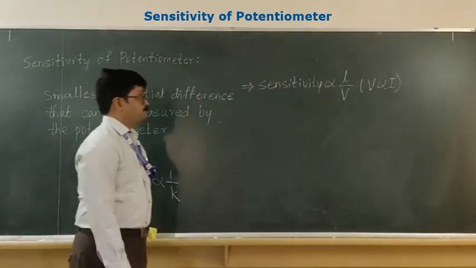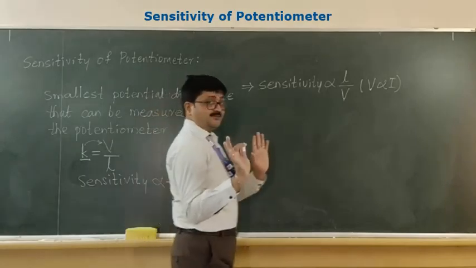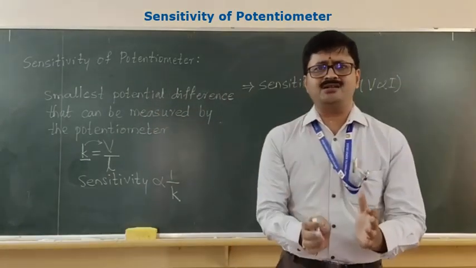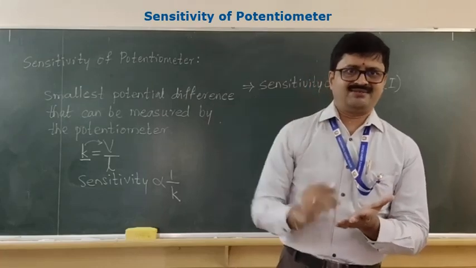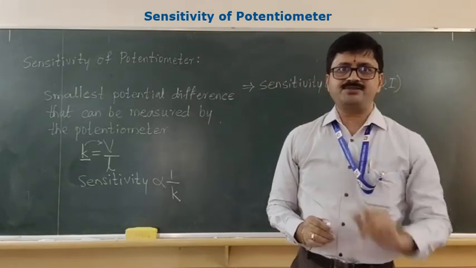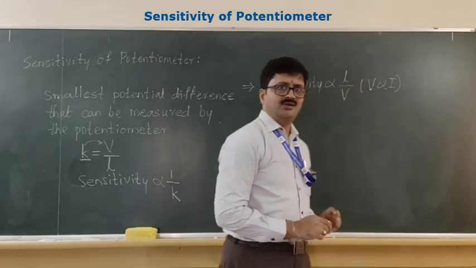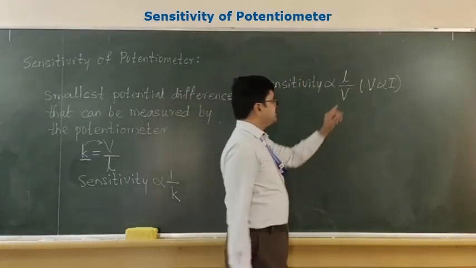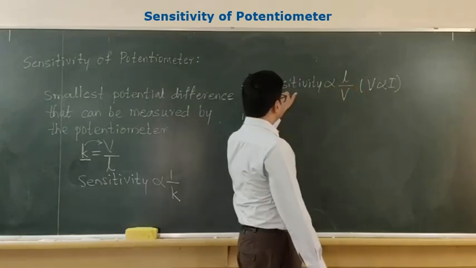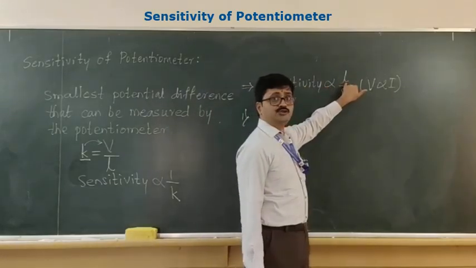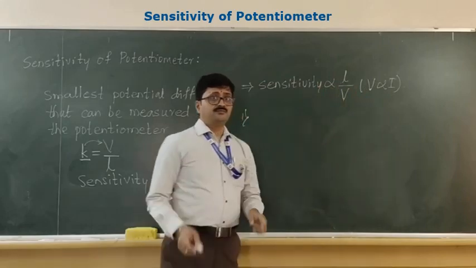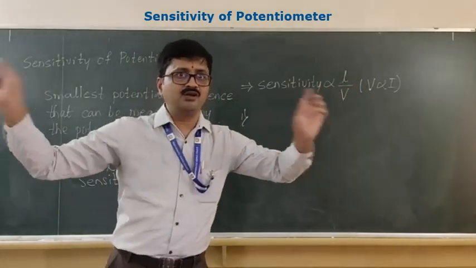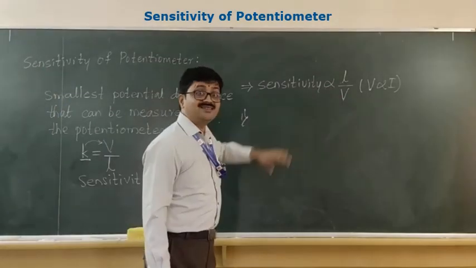Right. Okay. Now, hence we can say that the sensitivity of a potentiometer can be increased by two methods. First factor is length. So as you can notice, sensitivity is directly proportional to length. So that means we should increase the length of potentiometer wire in order to have higher sensitivity.